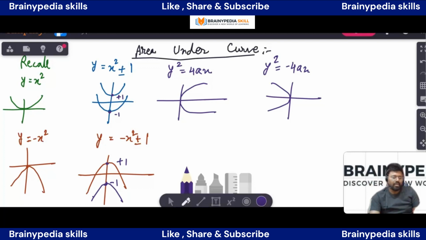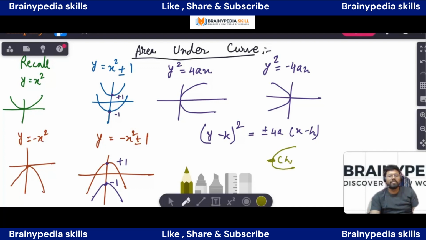Okay, next you need to know like y minus k whole square, the vertex form. I hope you remember, right? Plus or minus 4a times x minus h. Okay, so what will it look like? At vertex h comma k, at vertex h comma k.